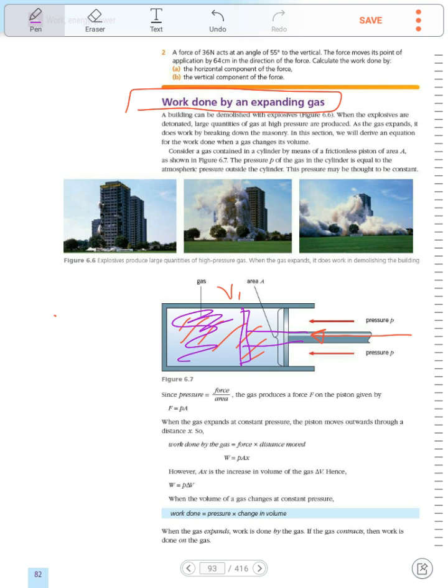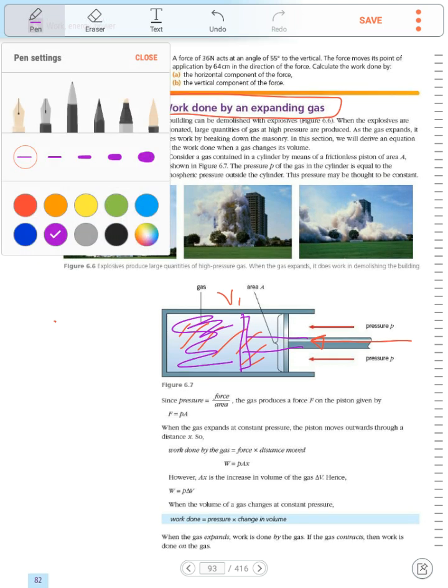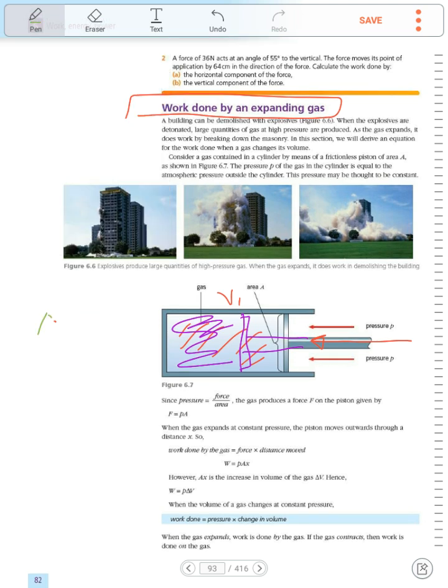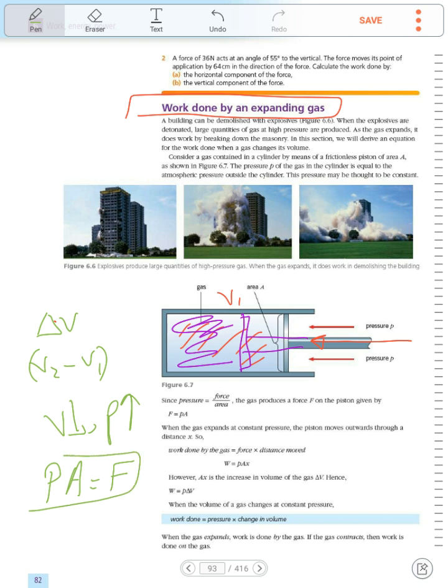So this is the new volume. Okay, so we have a change in volume, which is V2 minus V1. Okay, as the volume decreases, the pressure increases. Now if we take pressure multiplied by area, it has to be equal to force, as we know from the beginning.